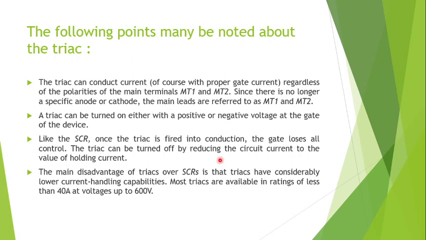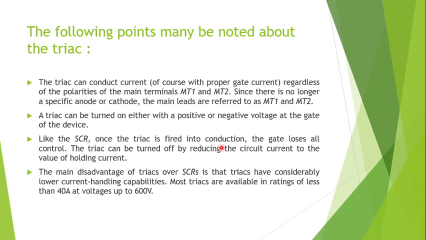Then, as in the case of the SCR, once the triac is fired, the gate loses all control, and it can be turned off only by reducing the current to the value of holding current. This is exactly the same as the SCR.